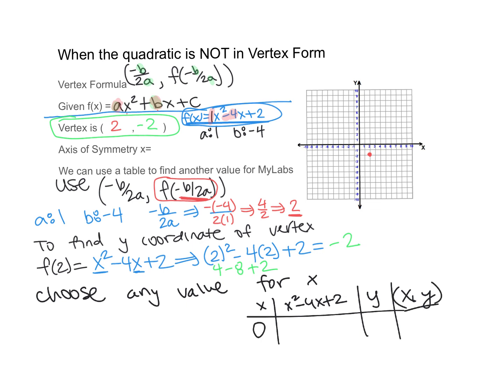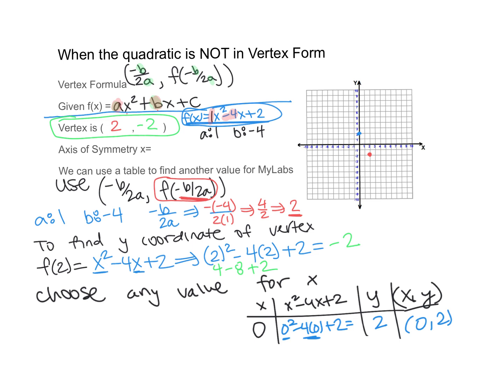I might choose 0 for x, because 0 is always a fun thing to pick. When I plug in 0, I get 0 squared minus 4 times 0 plus 2, and I'm just left with a 2. So (0, 2) would be my other ordered pair.